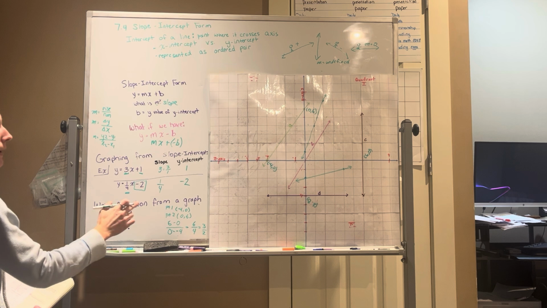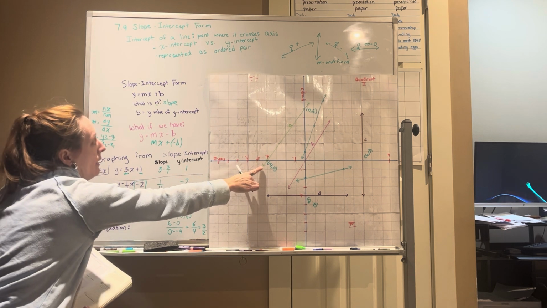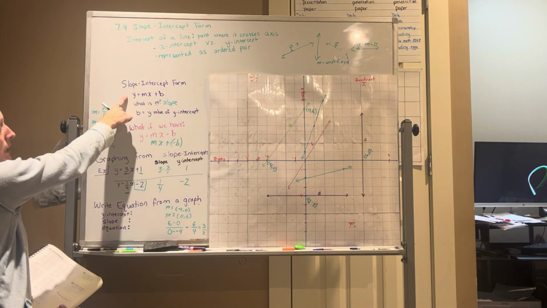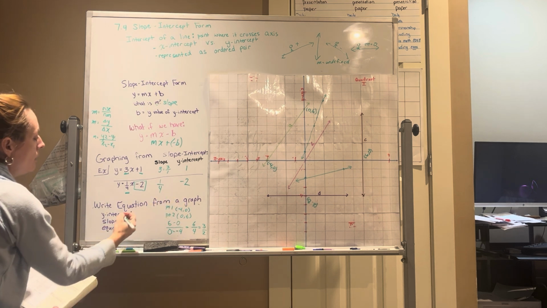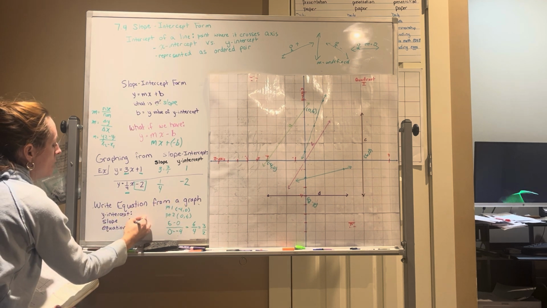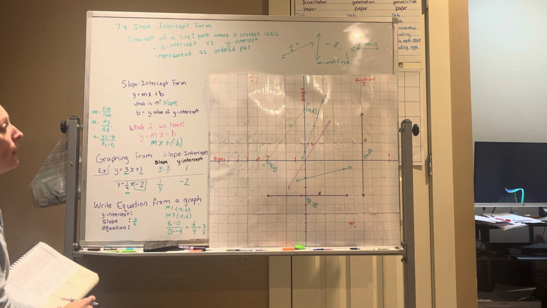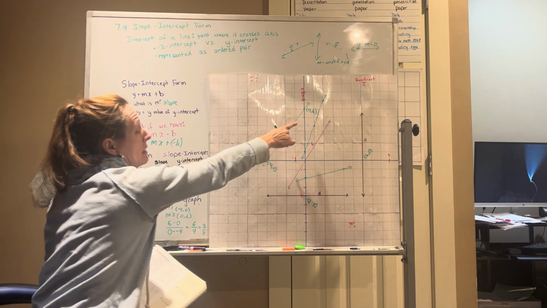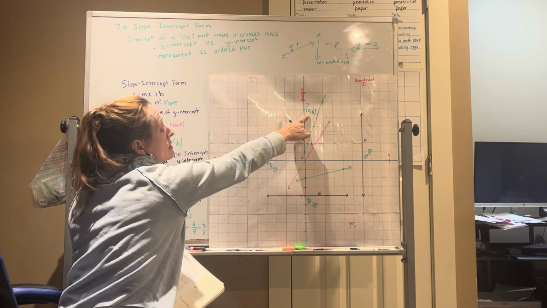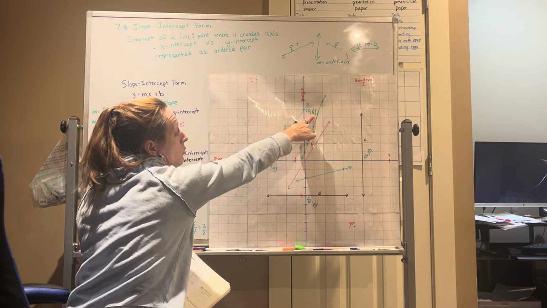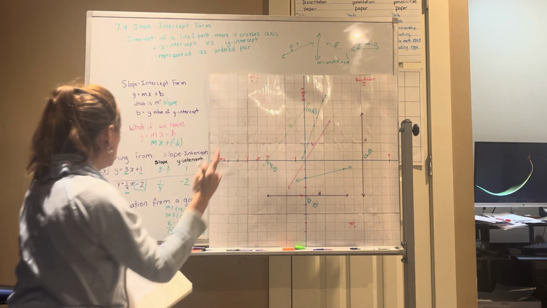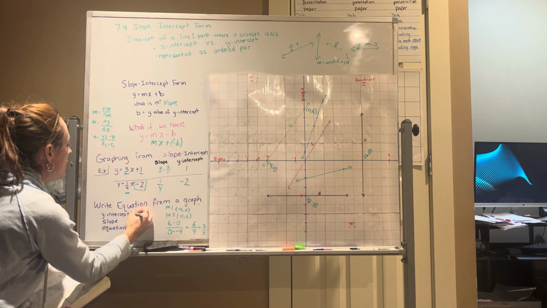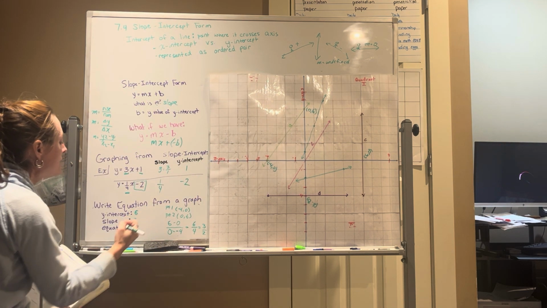Now we want to take this line and create this equation. We just calculated our slope, which is 3/2. Now, where did it intersect the y-axis? It intersected at this point, 0, 6. And what is the y value? 6. So our y-intercept y value is 6.